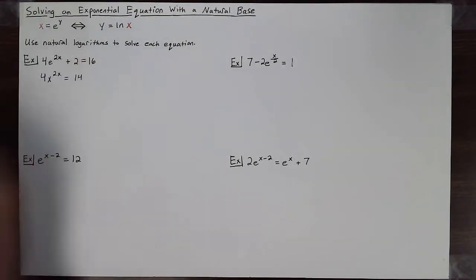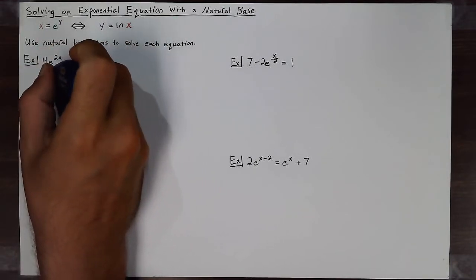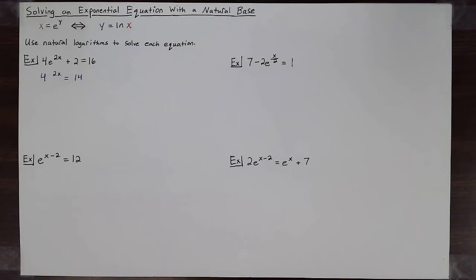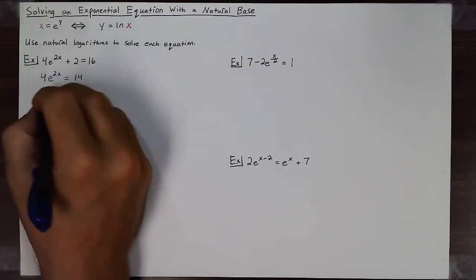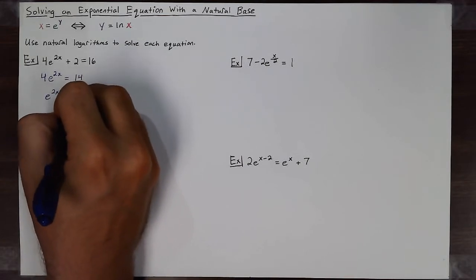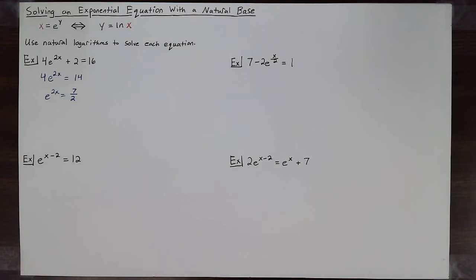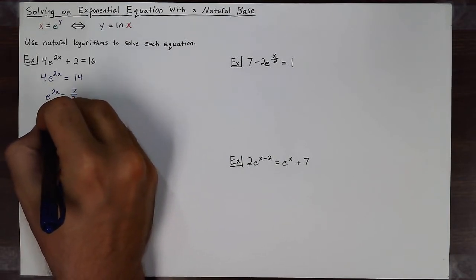Oop, I'll put an x instead of an e there. Small mistake. All fixed. So this e to the 2x, we'll divide by 4 and get e to the 2x is equal to 7 halves, also known as 3.5.